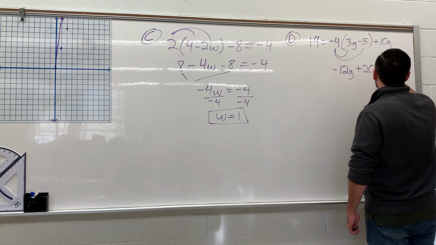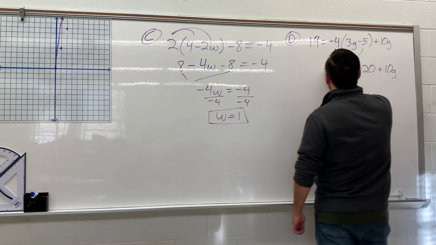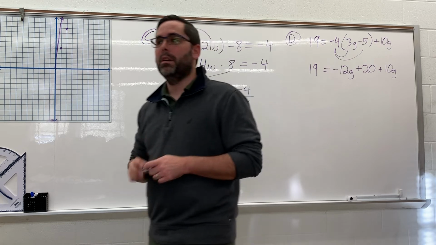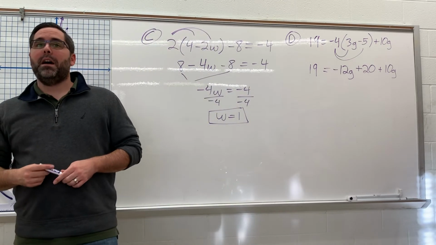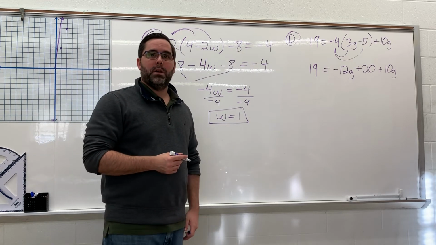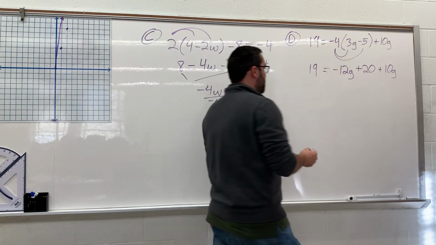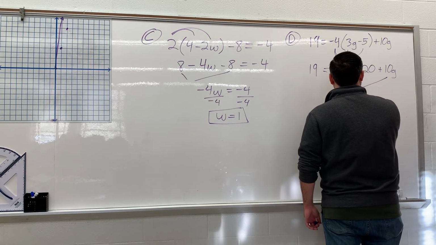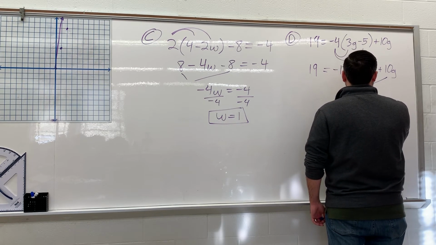And then bring down your plus 10g. Bring down your equals and bring down your 19. Alright, what do you do second in this process? You simplify by combining like terms. So which are my like terms? The g's. Negative 12g and 10g. Negative 12 and 10 gives me negative 2g. Bring down your 20.